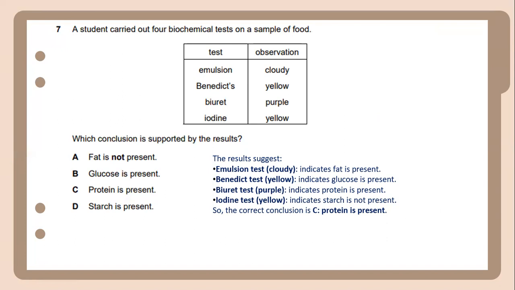And for the Biuret test, the observation turned purple, which indicates protein is present. And also for the iodine test, the observation turned yellow, which indicates starch is not present. So the correct conclusion is protein is present.